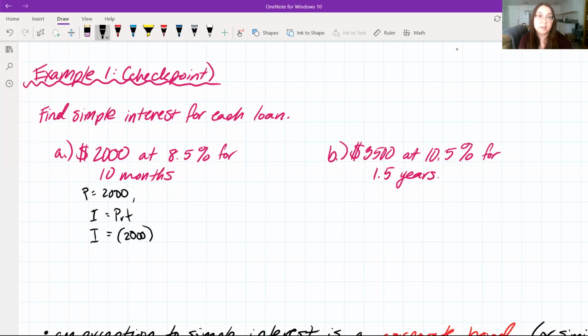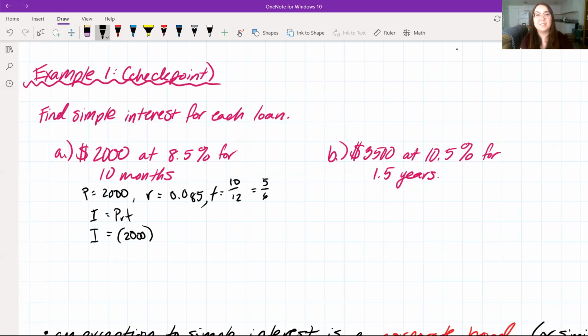R, or our rate, is 8.5%, which we know we have to put in decimals, so we know that R is going to be 0.085. Then our time, since we're doing for 10 months, and our time is always in years, we'll say is 10 divided by 12, which we know is also just 5 divided by 6.